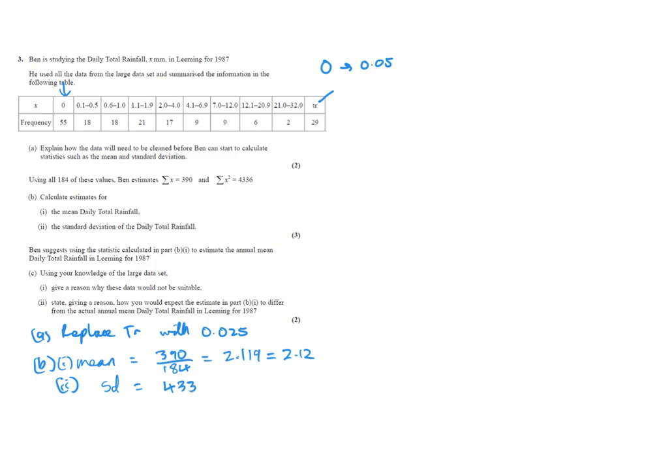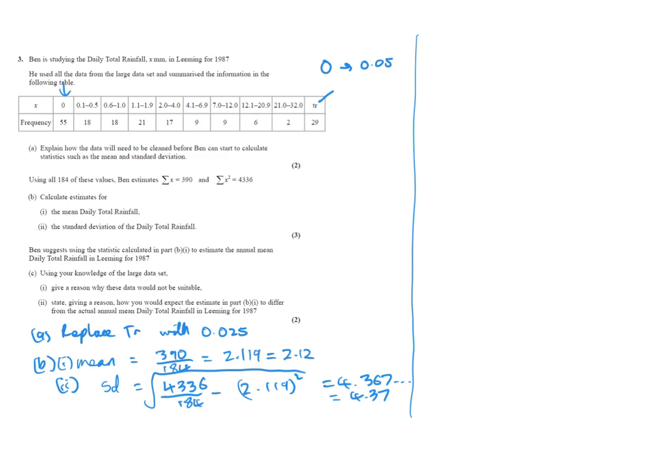You've already told me the sum of the squares, minus the mean squared, all square rooted, to give us 4.367. Follow the rules of rounding. Nice bookwork question, and unsurprisingly that was very well answered.